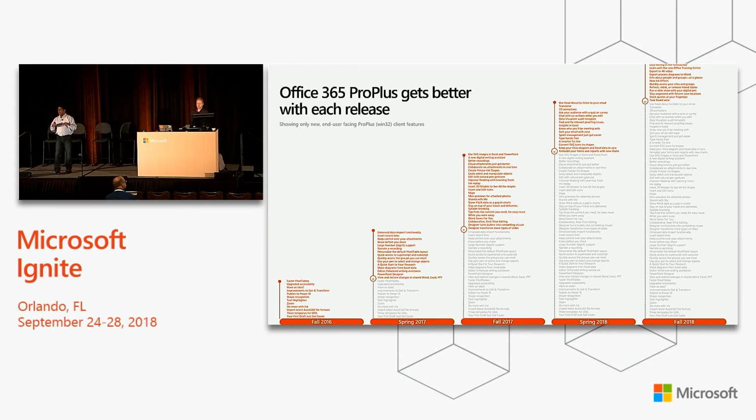Things like Designer in PowerPoint, Excel Ideas, where you have machine learning generated insights into your data. These capabilities are constantly being created and deployed for your end users. So this is additional value for you, and specifically for your business users who need these capabilities to stay on top of their work.